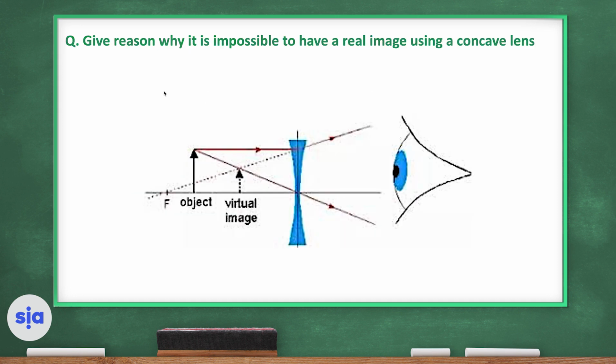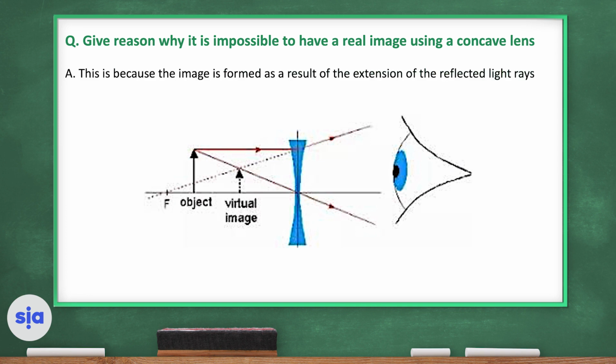Give reason why it is impossible to have a real image using a concave lens. Take a second to think about it. And the answer is, this is because the image is formed as a result of the extension of the reflected light rays.